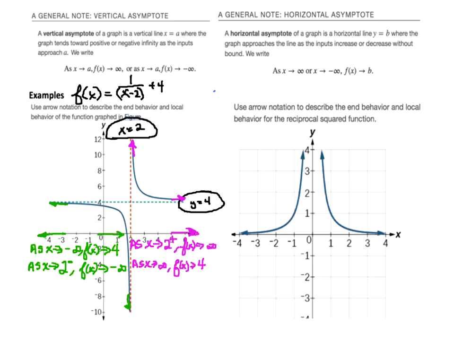And then as x is moving into positive infinity, so as x approaches positive infinity, f of x approaches positive 4. Okay, so that is our end behavior for that particular graph.